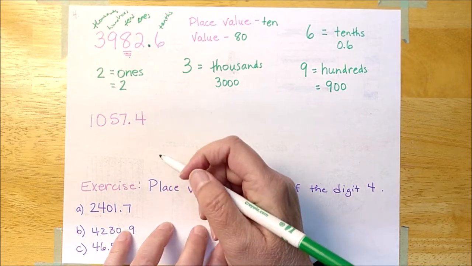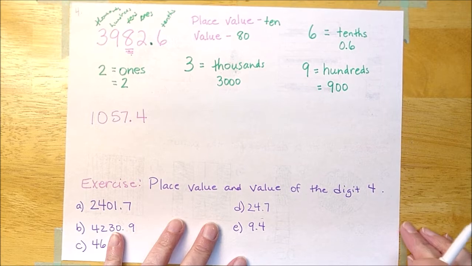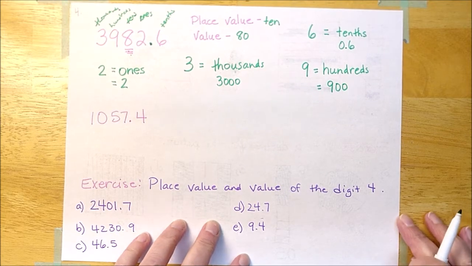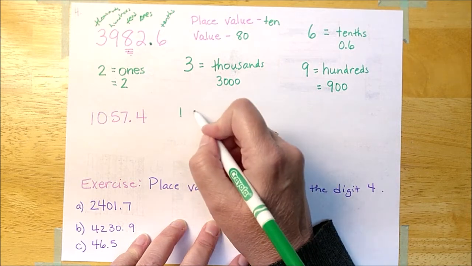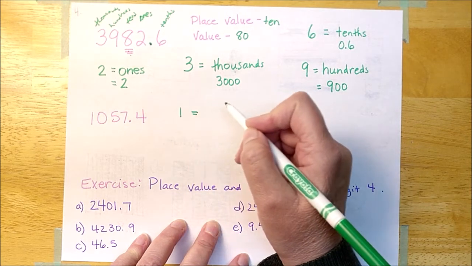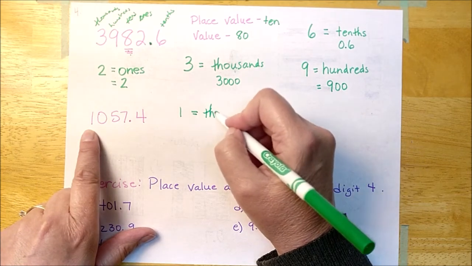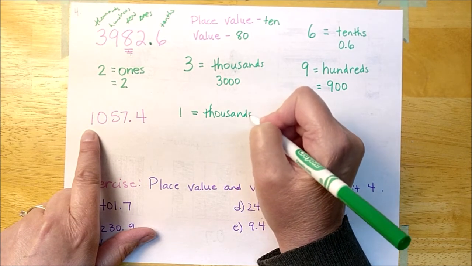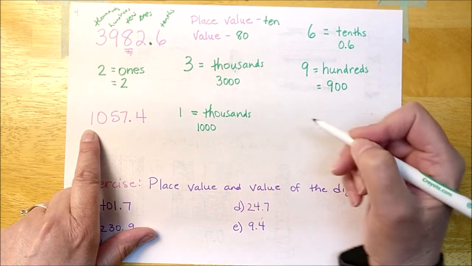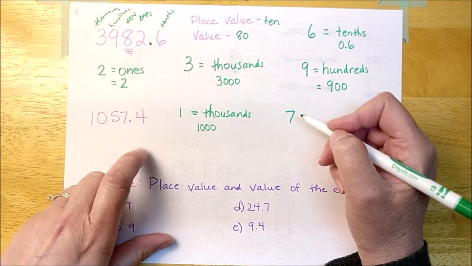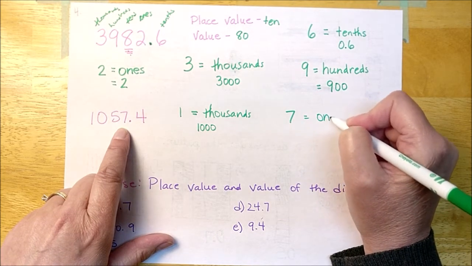So if we look at this number, I'm going to say what is the place value of the 1? So the 1 is in, what's his place value? He is in the thousands, and he is worth, his value is 1,000. What about the 7? The 7 is in the ones place, you're right.